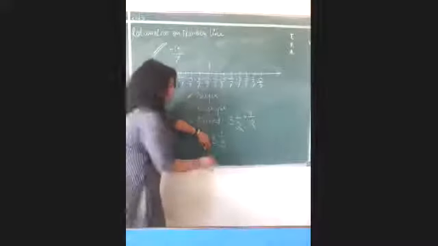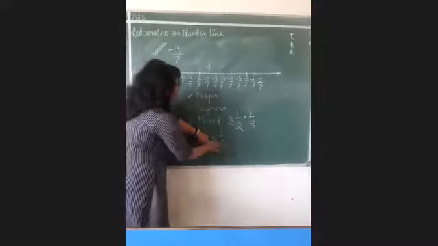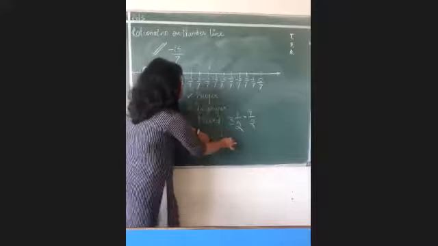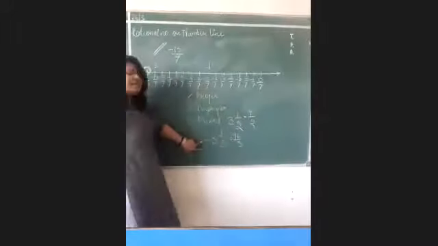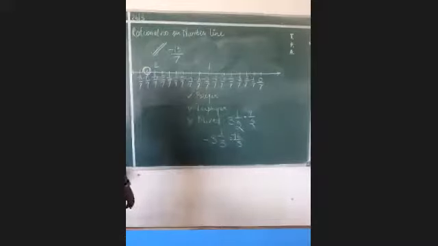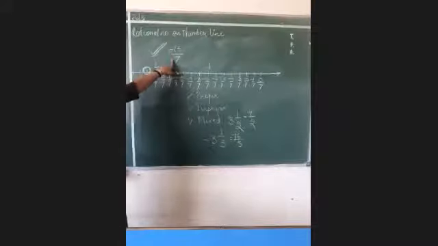First you convert. 3 5s are 15, 15 plus 1 is 16, 16 upon 5. Now put the sign. The sign was minus, so this is now minus 16 upon 5. Now minus 16 upon 5 will be represented exactly the way we just did minus 15 upon 7. Only this is the process for doing number line questions.